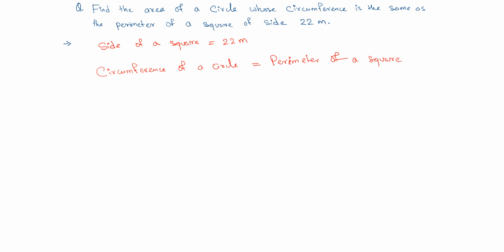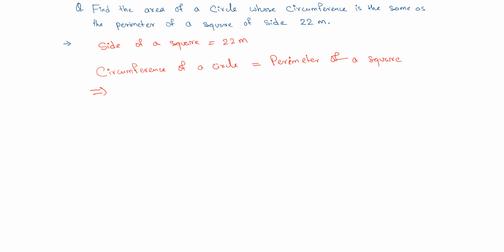That's what is given in the question, and they have asked you to find the area of the circle. Now in order to find the area of the circle, we need the radius of the circle. This relation is going to help us find the radius, with the help of which we will be able to find the area of the circle.